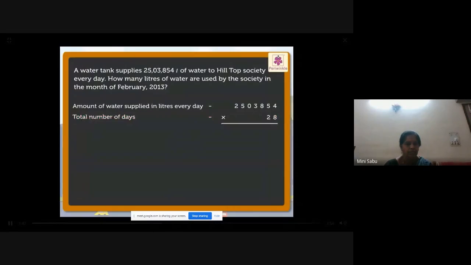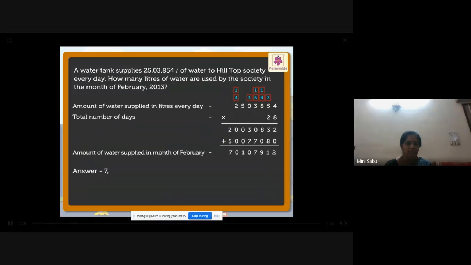Now, let us multiply these numbers to get the product which will be our answer. Children, observe carefully the multiplication process. Thus, 7,01,07,912 liters of water was supplied to the society in the month of February 2013.